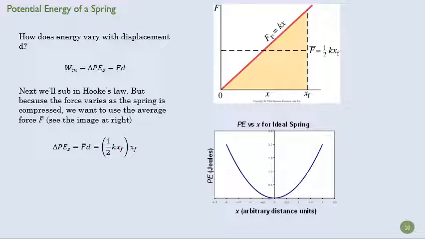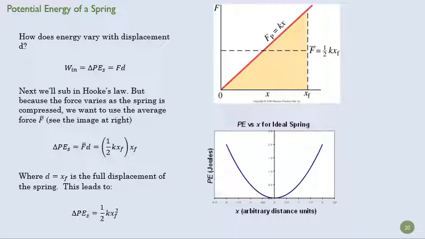We're going to multiply it by d, and so we're going to get a squared term. And that means the potential energy of a spring is the displaced distance squared times that spring constant times a half. And notice it looks a lot like our velocity kinetic energy equation.